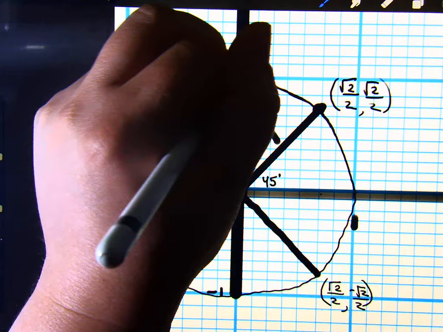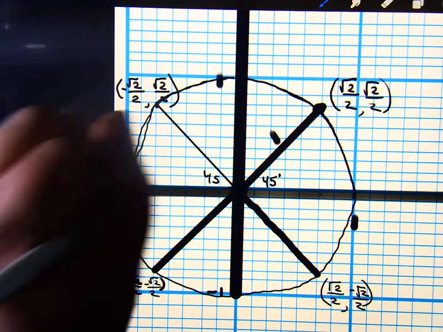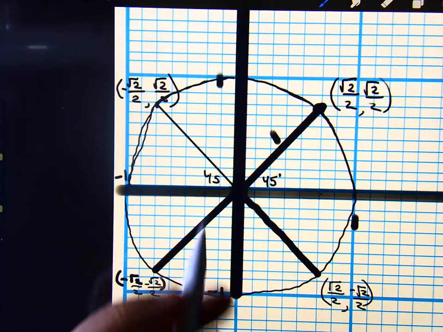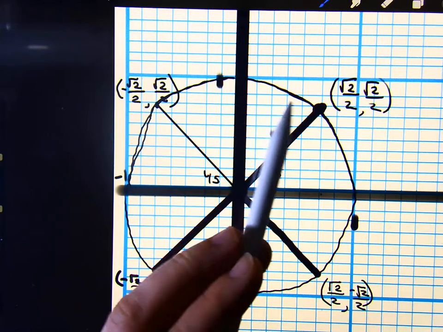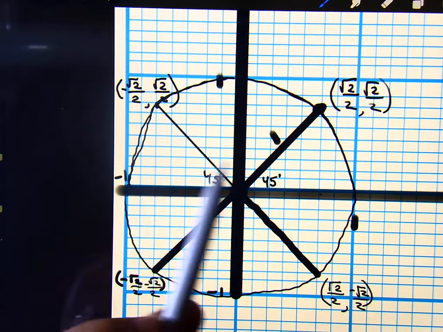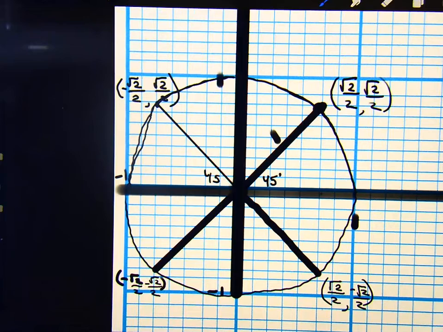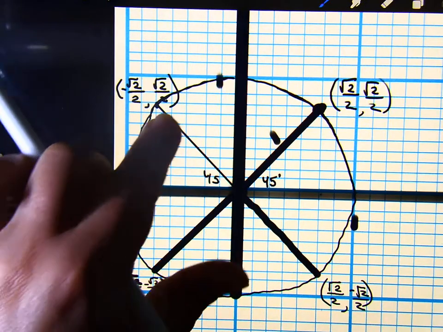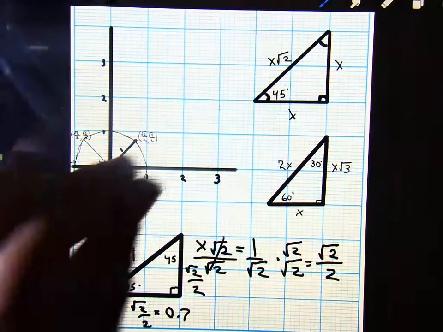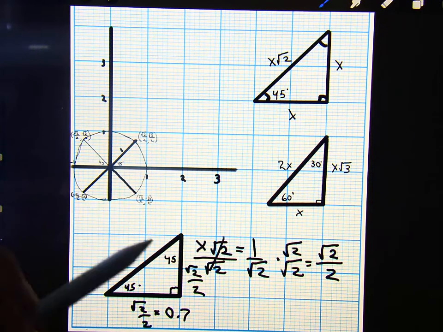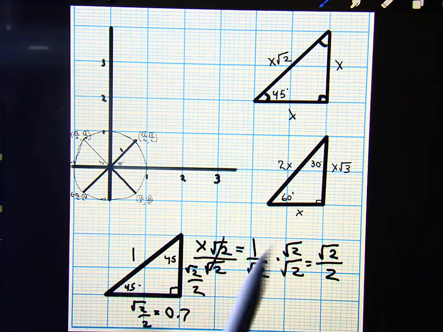Oops, I'm not doing so well going against my left hand. Of finding the coordinates at a 45, 45 for that component. All right. So that is our sine.